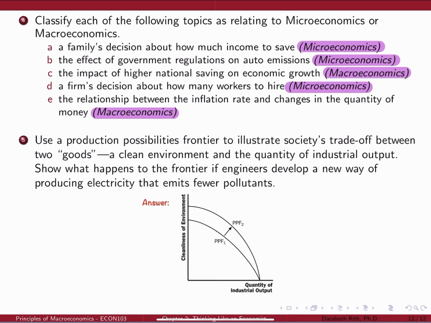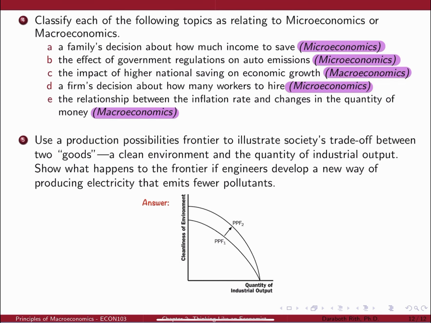Inflation impacts multiple aspects of the economy because it is a general price level increase, such that everyone in the economy has to live with increasing prices of many items. In addition, the quantity of money here refers to the money in circulation that runs through the overall economy. So the statement is a macroeconomics topic.